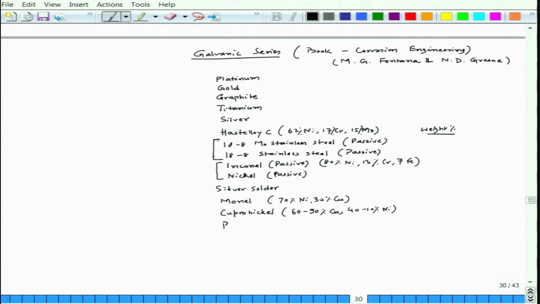Then we have bronze, which is also copper zinc alloy.